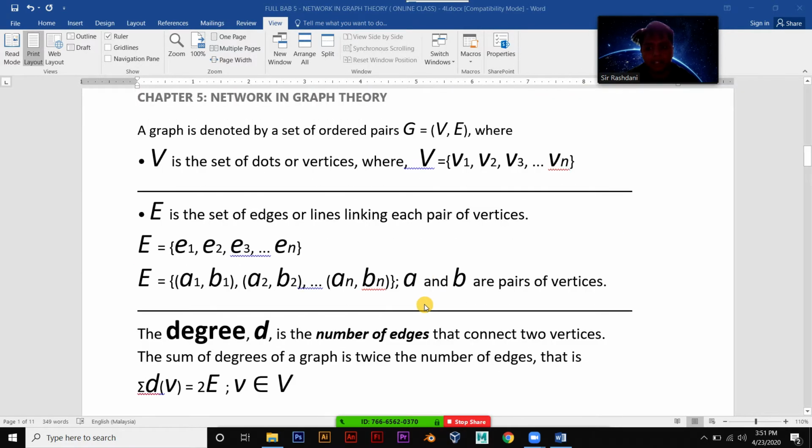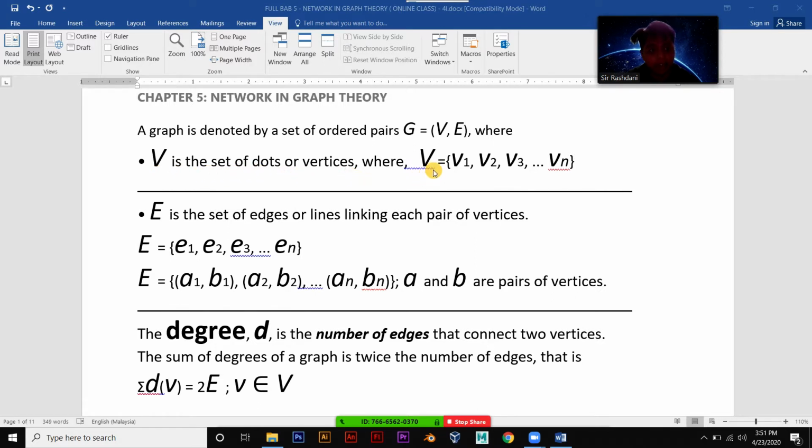Okay, network is really close, and network actually uses graph theory. For example, a graph is denoted by a set of ordered pairs, G equal to (V, E), where V is denoted as a set of dots or vertices.